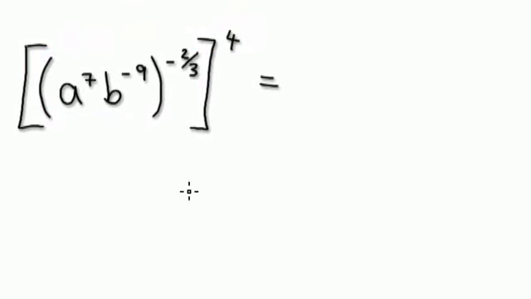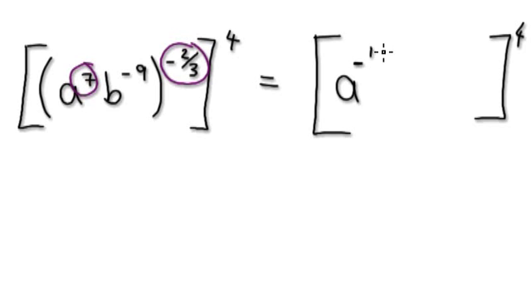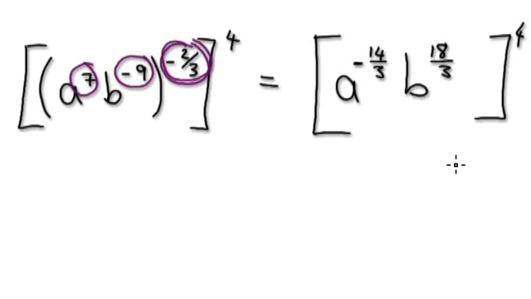Well, 7 gets multiplied to the top, so it will be minus 14 over 3. Okay, and then b, and then this thing times with a minus 9. So minus and minus, so the answer will be a positive, and then 9 gets multiplied to the top of that fraction. So it would be 18 over 3.